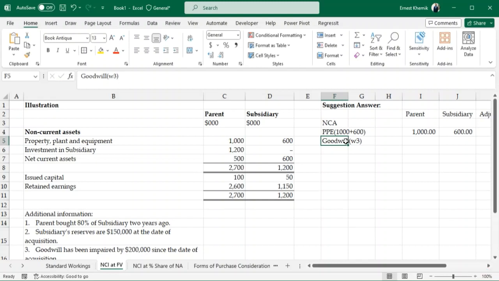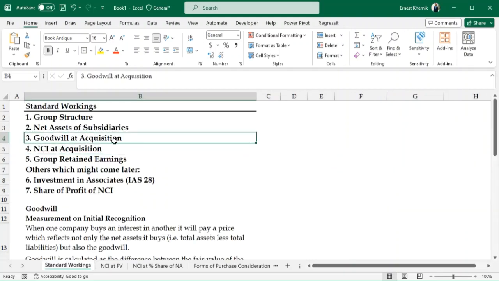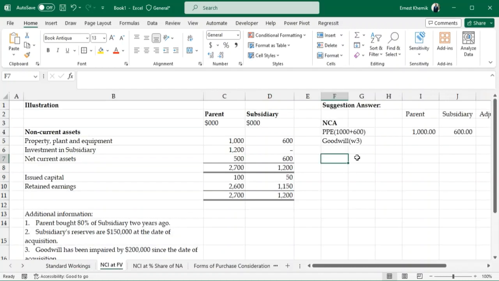That is the reason why I introduced you to the standard working, so that when I say working 3, you can easily find out that, okay, so this is working 3. Right, goodwill, that is working 3. So that's the third working. So we continue. We replace it with goodwill so that we will not have this investment in subsidiary, which is in the separate financial statements, in the consolidated financial statements.